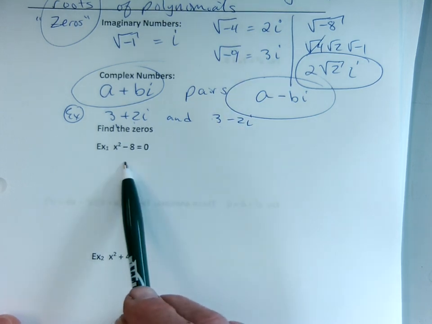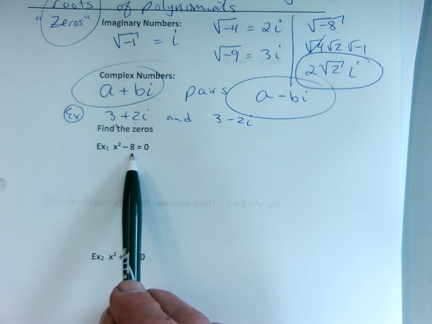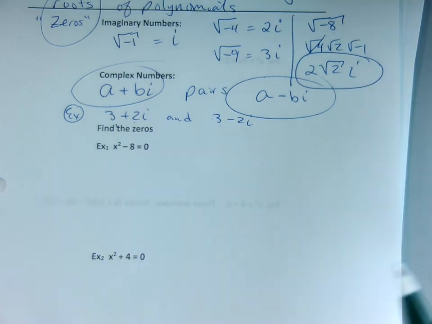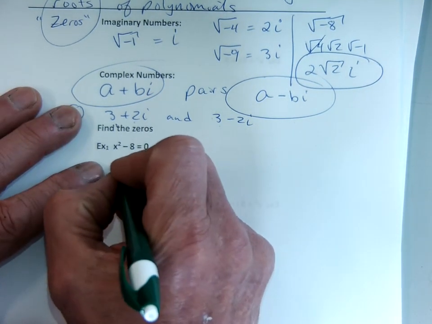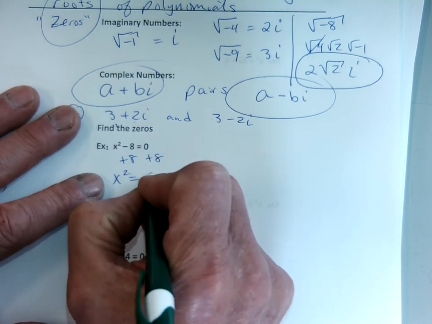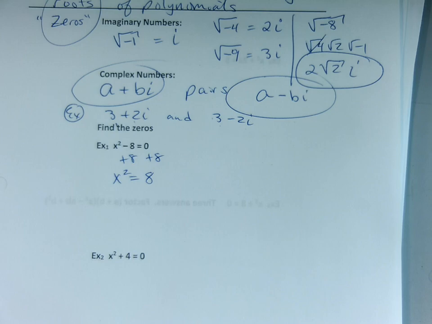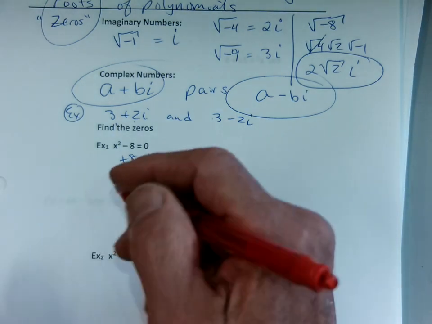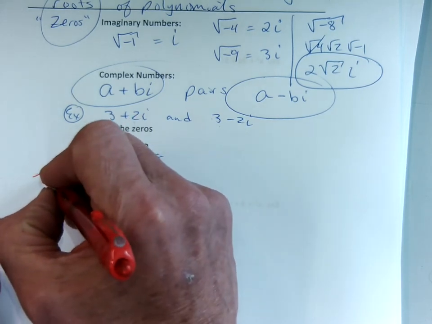So if we take a look at example 1, I want to solve. It won't factor. But I can solve this one. So, all right, I can go plus 8, x squared equals 8. And because I'm going to take the square root, I know for sure I'm going to have 2 answers.